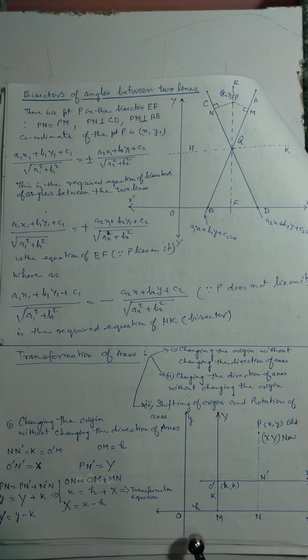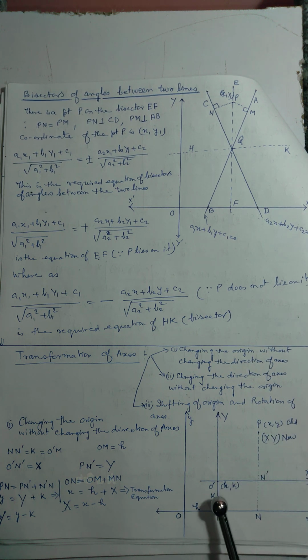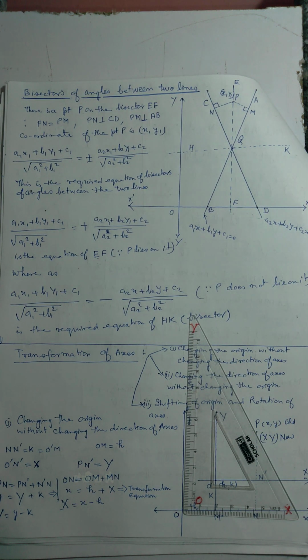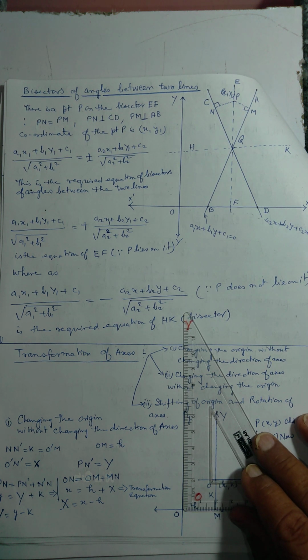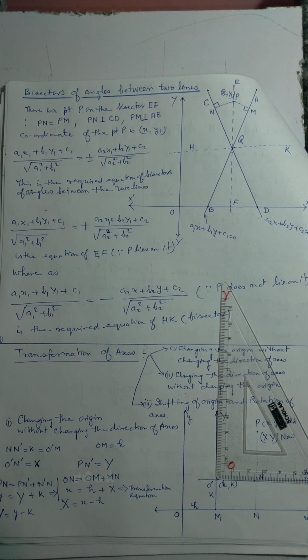Now the origin has shifted to this place, O dash, that is, it has shifted to the coordinate (h, k). Earlier our origin was at this place, now it has shifted to this place.